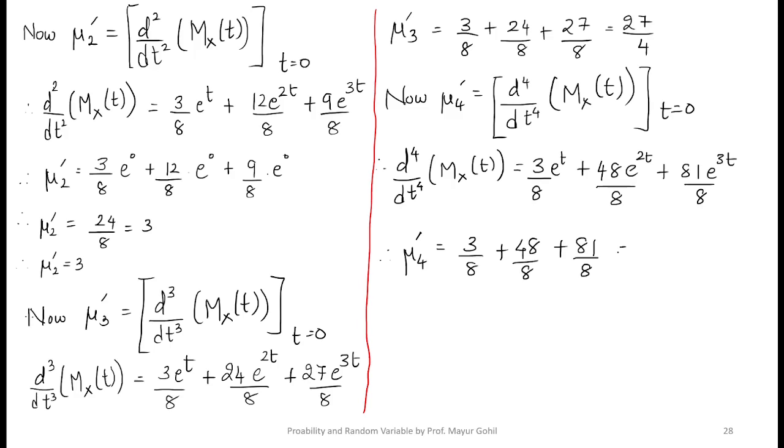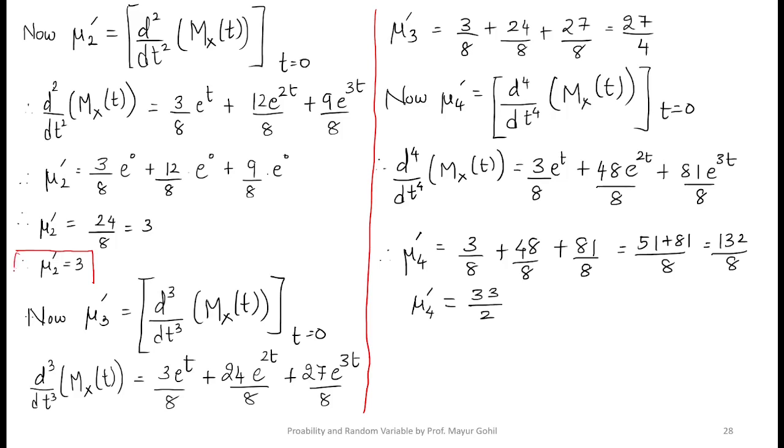So this is going to be 51 plus 81 divided by 8, so that is basically 132 divided by 8. 33 upon 2 is the answer. So this is how we calculate the first 4 raw moments from the MGF. I hope you have followed the procedure.